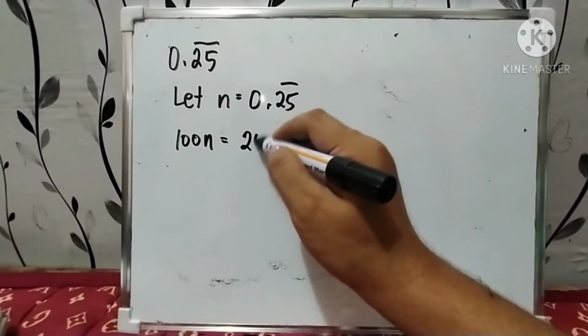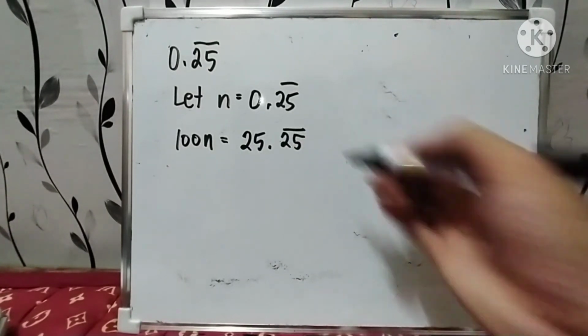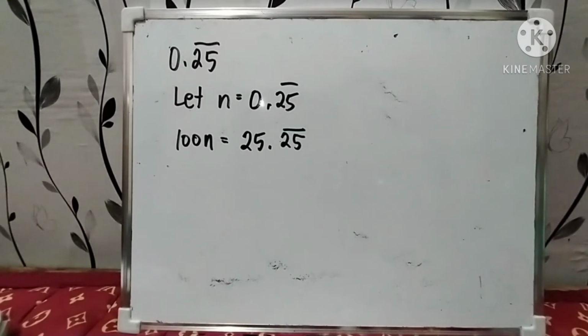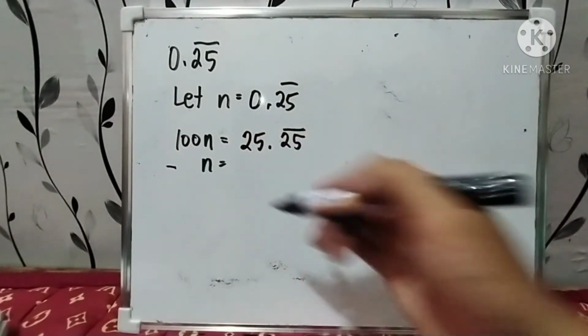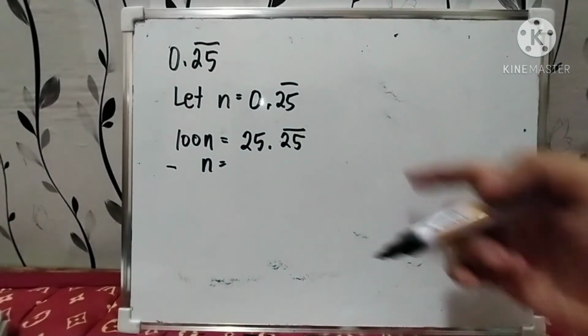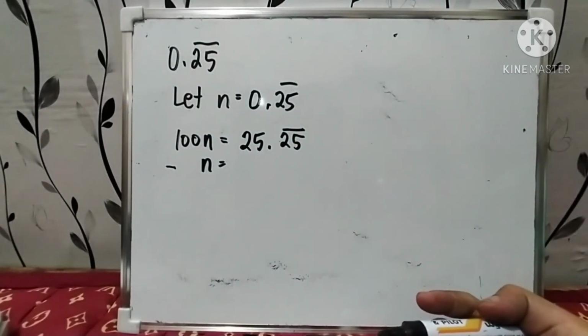So 25, kukunin ulit natin yung nauulit na decimal. Ayan, minus natin to, si n. The reason why kailangang i-minus yon para ma-cancel out yung repeating decimal, which is 25. Okay, na may vinculum.